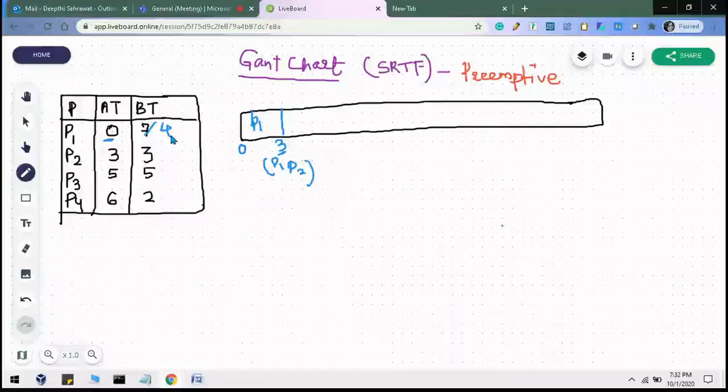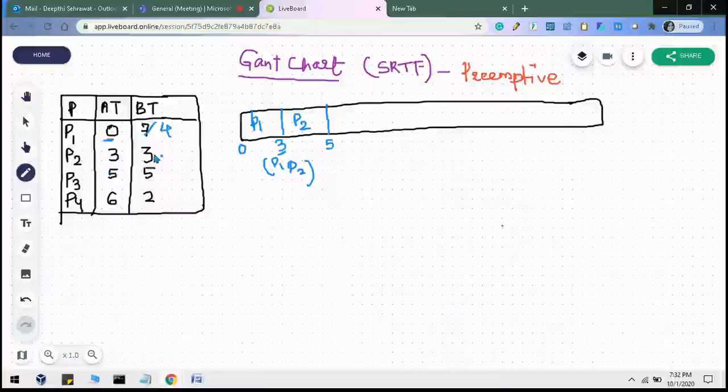P1 still has to run for 4 milliseconds and P2 will take 3 milliseconds. And we are applying SRTF, shortest remaining time first. So out of P1 and P2, P2 has the shortest remaining time. So now P2 will take the CPU and it is going to run for the next 2 milliseconds, because after that P3 will come and then we will decide which process has to take the CPU.